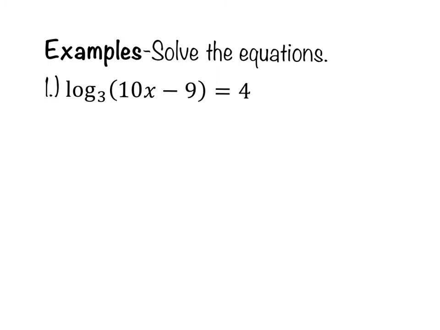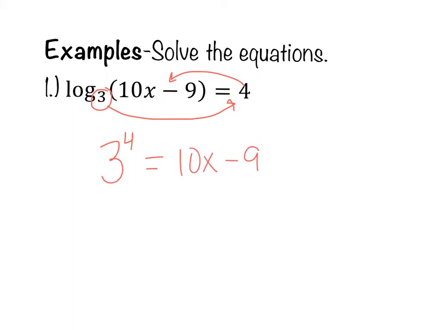So remember, if I change a log to exponential, I know it's been a few cycles here, but remember, you start with your base and work counterclockwise. So 3 to the 4th equals 10x minus 9. Well, 3 to the 4th is 81, right?